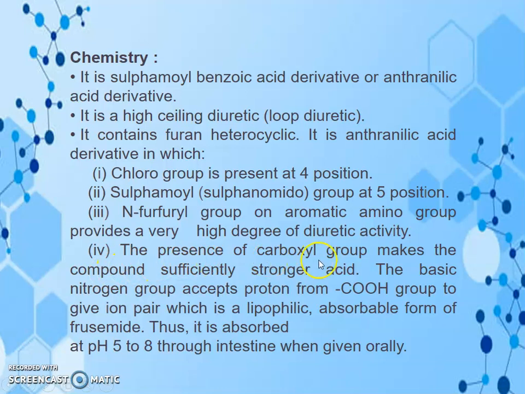The presence of the carboxylic group makes the compound a sufficiently strong acid. The basic nitrogen group accepts a proton from the carboxylic group to give an ion pair, which is the lipophilic absorbable form of furosemide. Thus it is absorbed at pH 5 to 8 through the intestine when given orally.